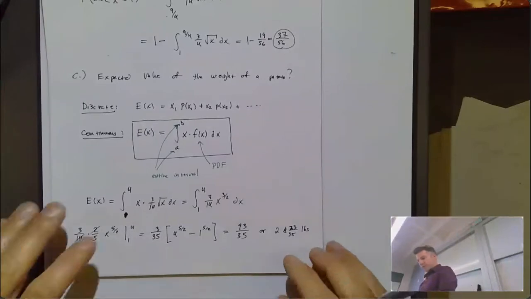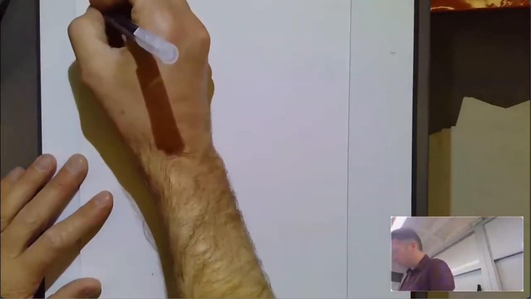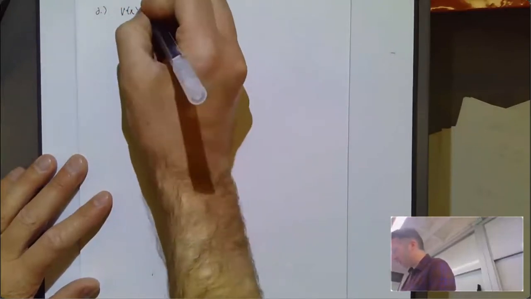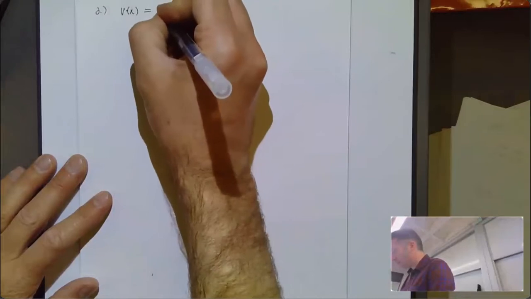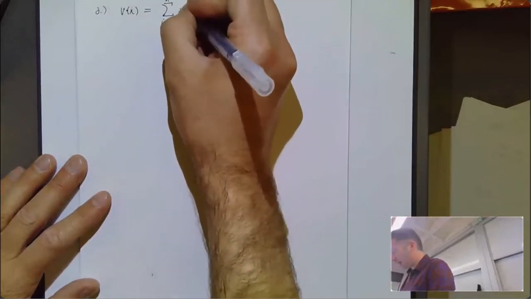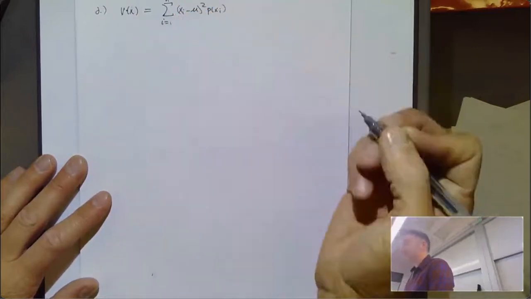Yeah, let's talk about the variance of this, which is going to be a little bit ugly, but it is worth calculating. So variance also has an analog. In discrete land, variance was the sum from i equals 1 to n of x sub i minus the mean, squared, times the probability of x sub i.